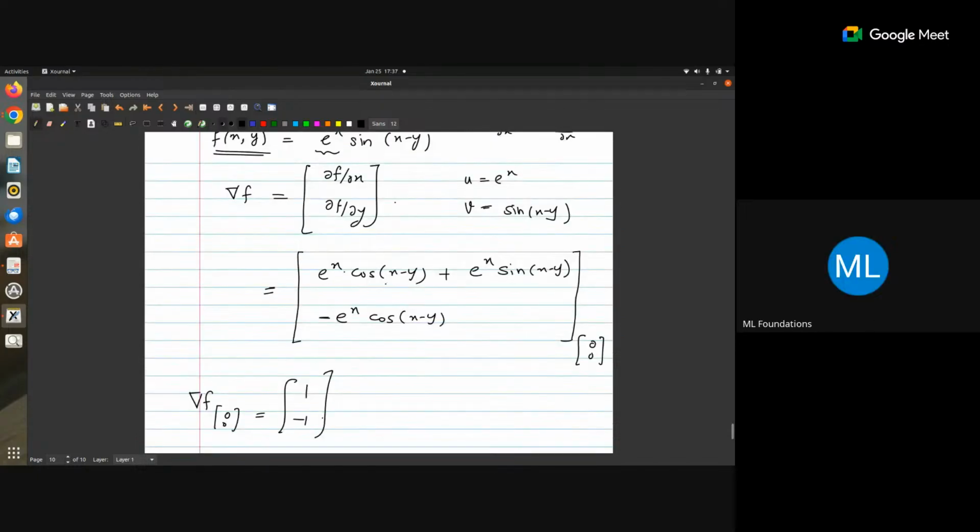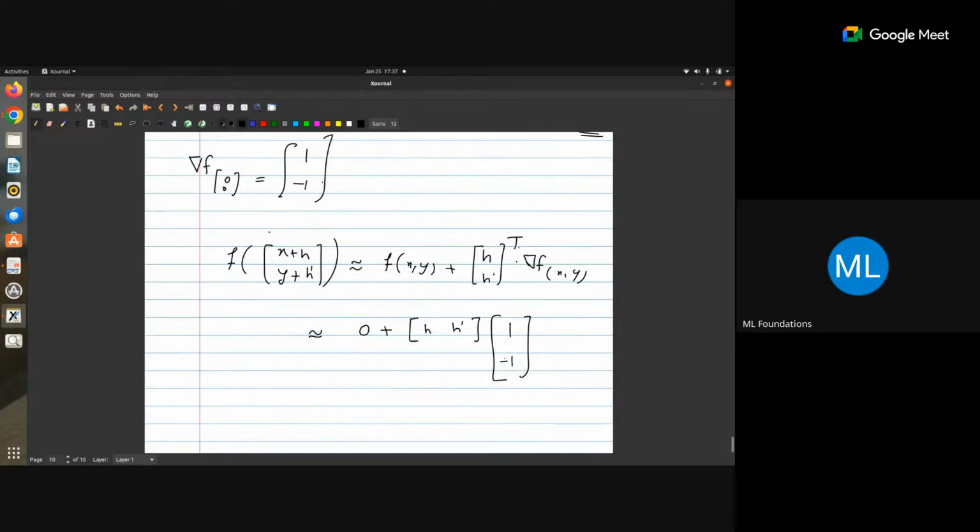We substituted 0, 0, gradient at 0, 0. Okay, so that will be 1 and minus 1. Correct. And here you have to do h, this value, transposed del f, right? That's correct. And this is h minus h prime.